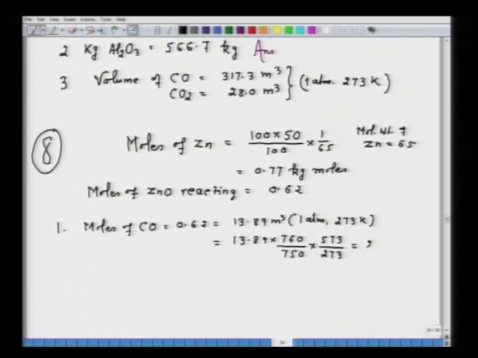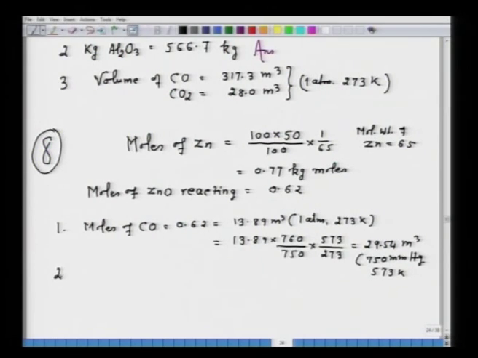So, that is equal to 29.54 meter cube at 750 millimeter mercury and 573 Kelvin. This is the answer for question 1.